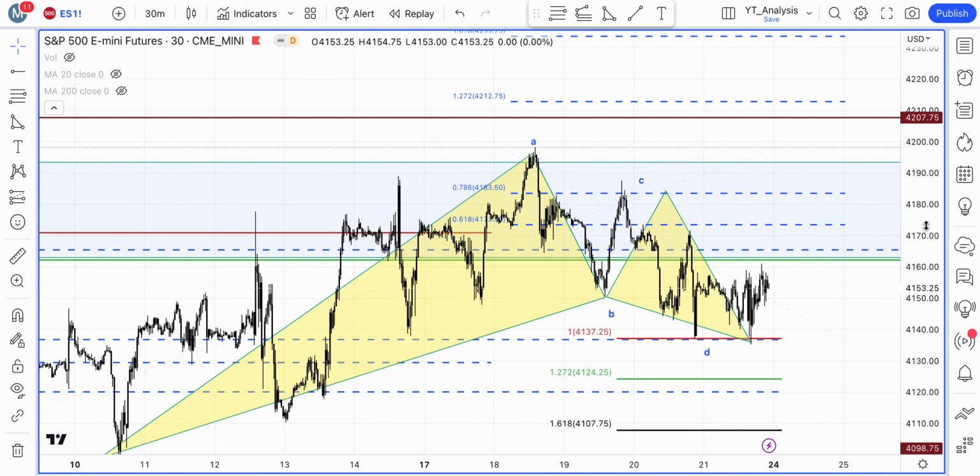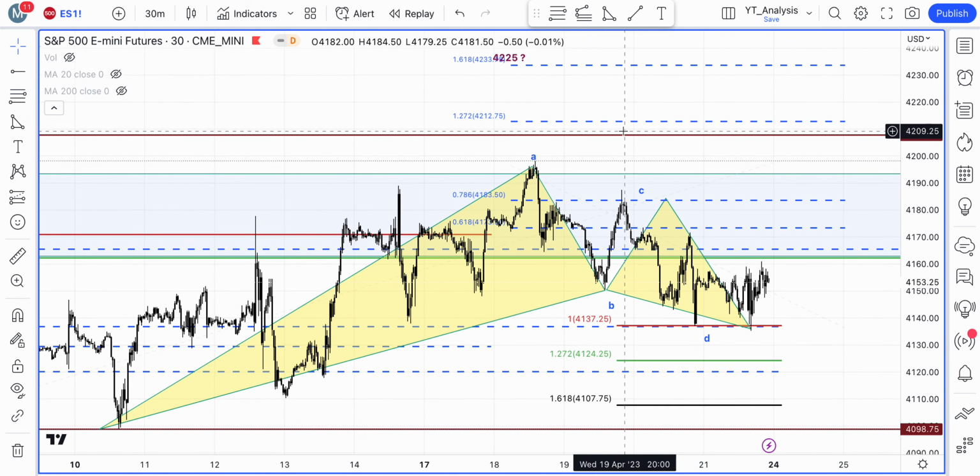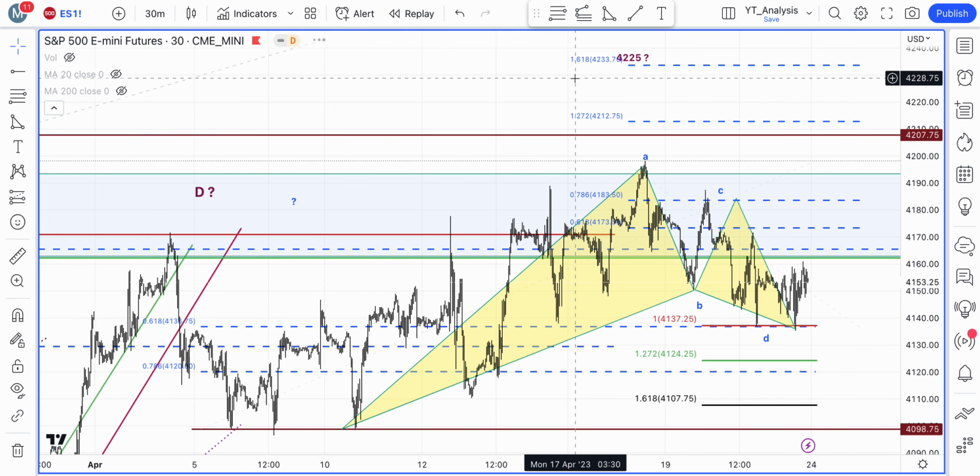We get two targets: a 1.272 expansion at 42.12 and a 1.618 expansion at 42.33 thereabouts, which is really close to that 42.25 level that we were talking about.